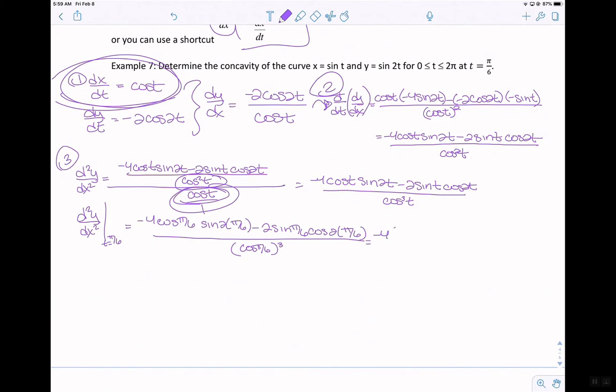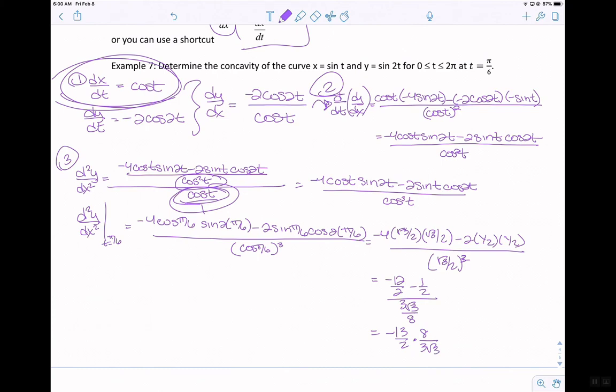So then I plug in everything: negative 4 times root 3 over 2 times root 3 over 2, minus 2 times 1/2 times 1/2, all divided by root 3 over 2 cubed. When you simplify this, you get negative 12 over 2 minus 1/2, divided by 3 root 3 over 8. So you get negative 13 over 2 times 8 over 3 root 3.